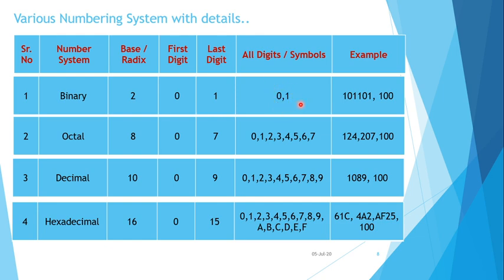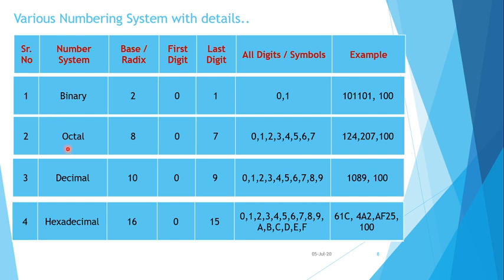Now any number which is formed with a combination of these 0 and 1 is called a binary number. Here are the examples: 101101 and 100. These are examples of the binary number system.